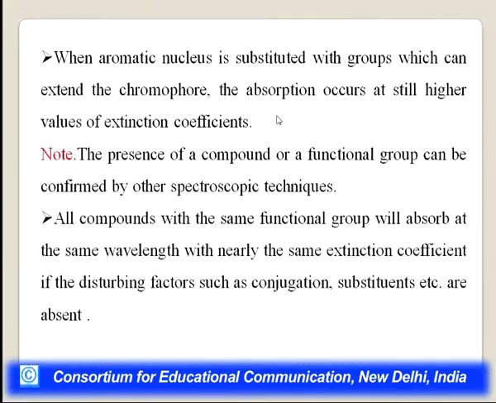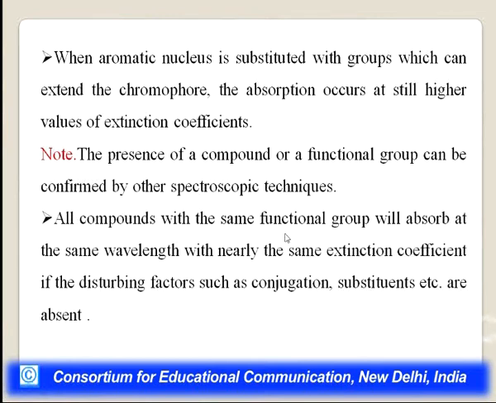When an aromatic nucleus is substituted with groups which can extend the chromophore, the absorption occurs at still higher values of extinction coefficient. We have discussed epsilon maximum. The presence of a compound or a functional group can be confirmed by other spectroscopic techniques, that is NMR, mass spectroscopy, and IR specifically.